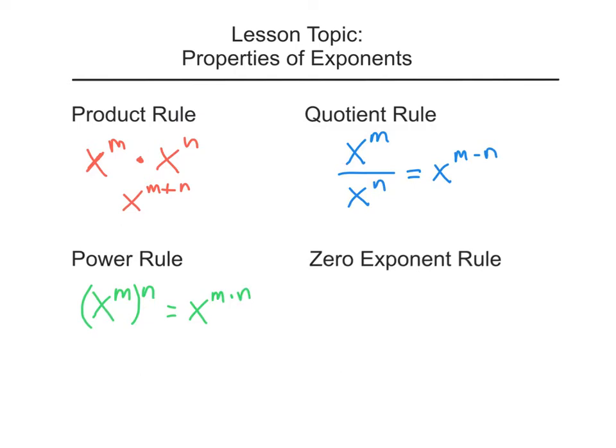So just to make sure this is clear on your notes, this is m plus n here, m minus n here, and m times n right here.